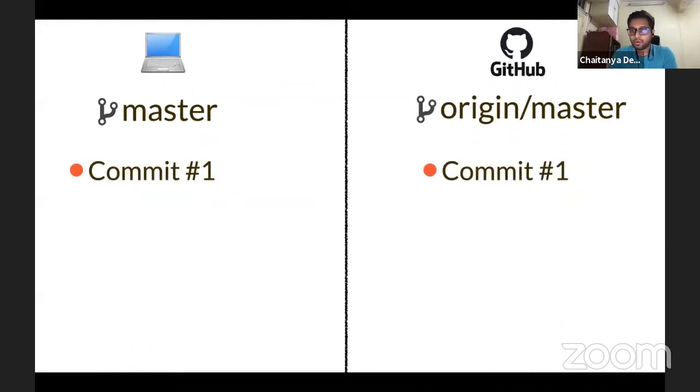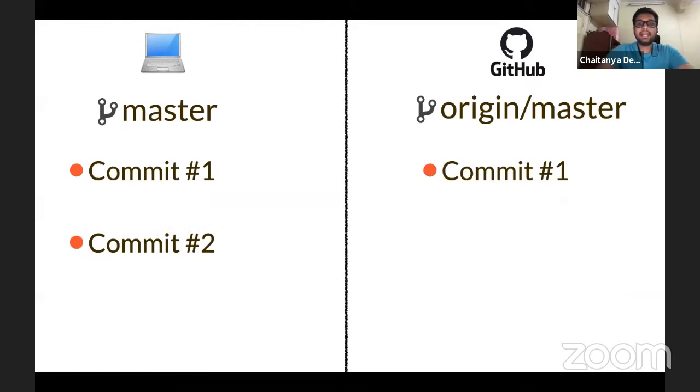So right now we had one commit on master, which you could see exactly on GitHub as well. The create index.html file commit is on master and origin/master. It's on my laptop and it's on GitHub as well. Now what happens when I make another commit, when I change something in the file or add a new file?